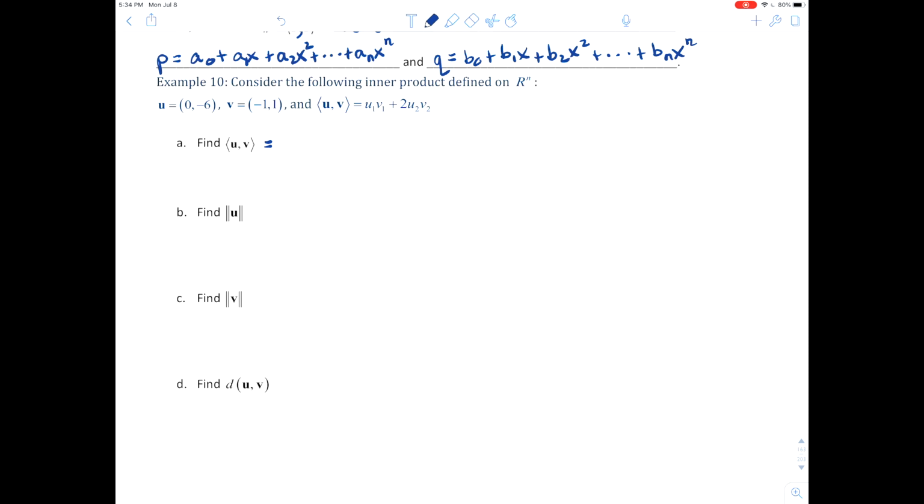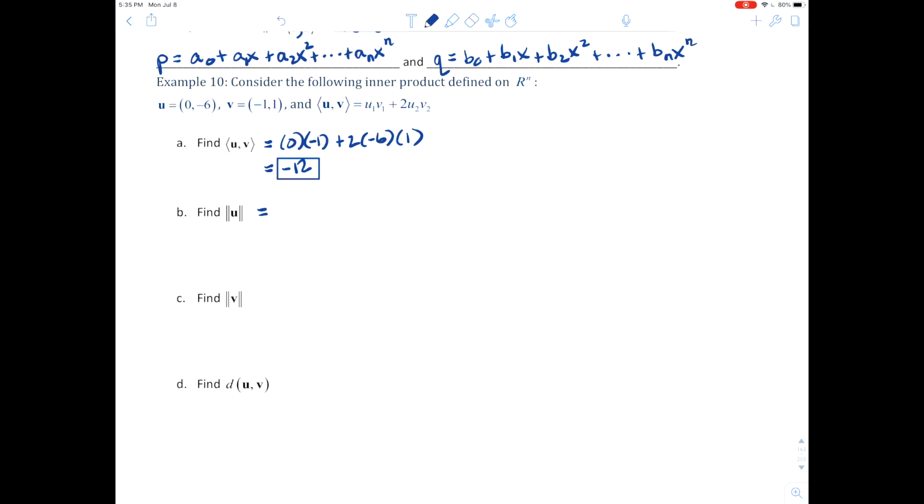Well, u1, v1, so 0 times -1 plus 2 times u2, v2. Cool, cool? And that ends up giving us -12, the magnitude of u.